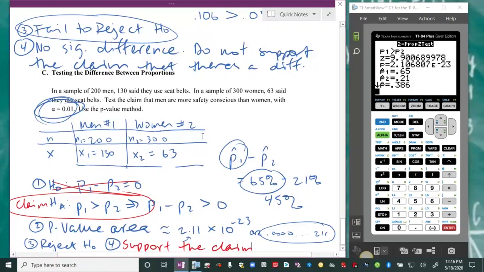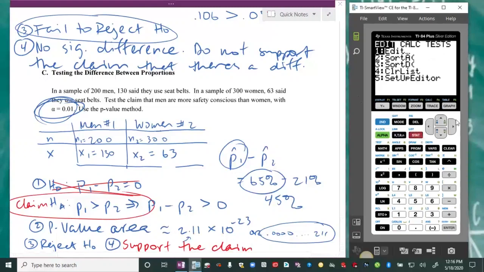Let's also run a confidence interval here, even though it didn't ask us to. So we're going to go stat and then tests, and I'm going to arrow down to my 2 proportion, there it is, z interval, enter. And it keeps all my numbers, which is great. My confidence level, though, I have a 0.01 significance level, so my confidence level is 0.99, and then I hit calculate.